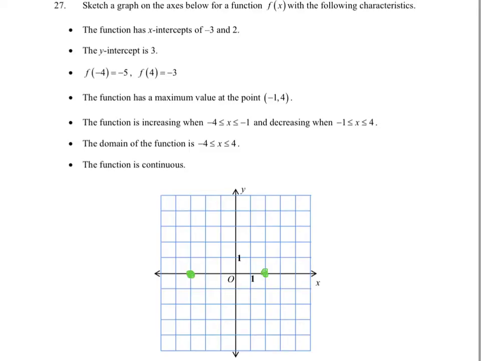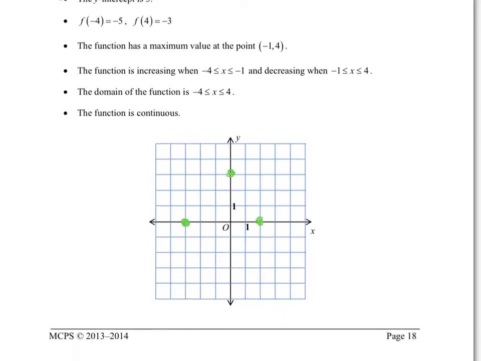It also tells us that our y-intercept is 3. Now remember, our y-intercept is where it crosses the y-axis, which is this. So we're going to go from the origin up 1, 2, 3. So we've got a point right there. So we've taken care of this one, we've taken care of this one. Next thing we know is that f of -4 equals -5.